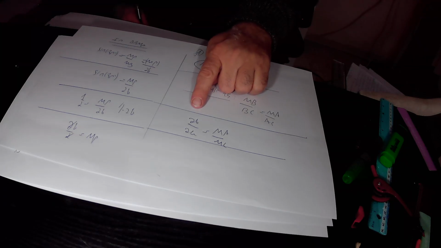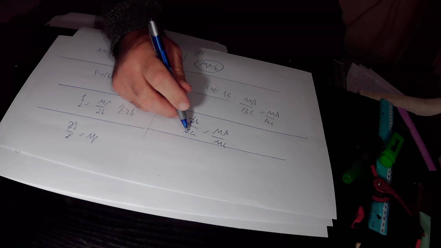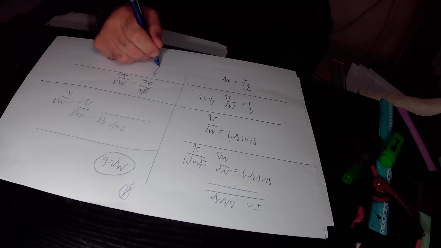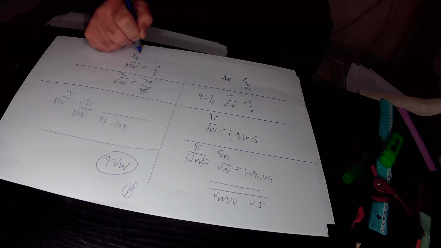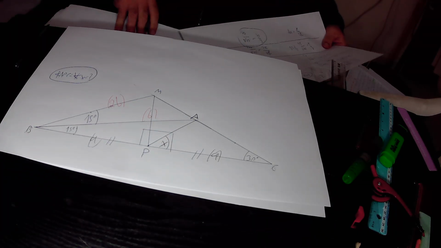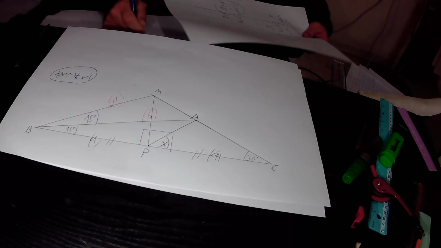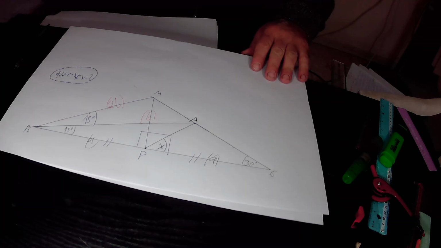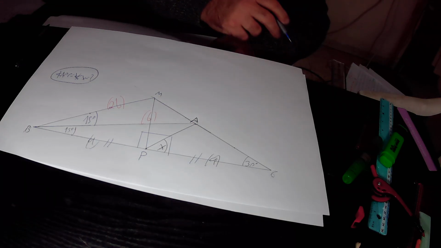We have 2 in the numerator and 2 in the denominator, so the 2s get cancelled. So on this side of the equation, we are left with B over A. B over A equals MA over MC. B over A equals MA over AC.